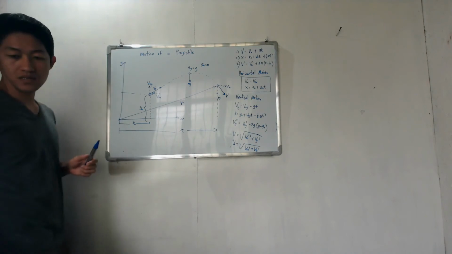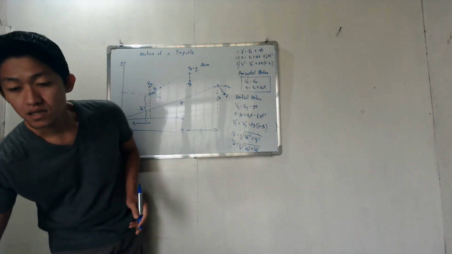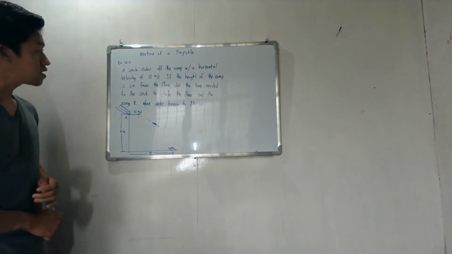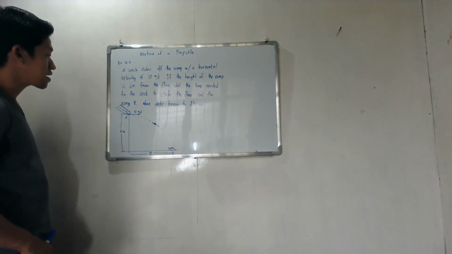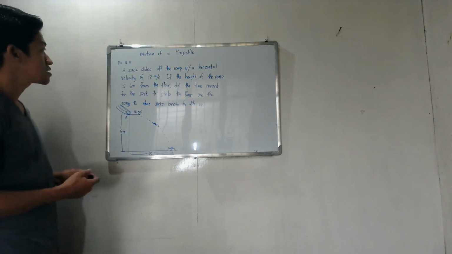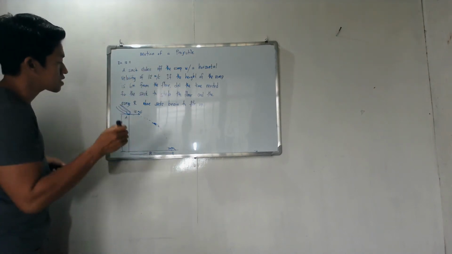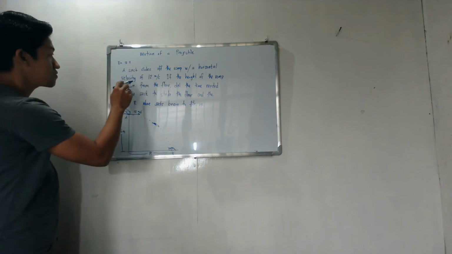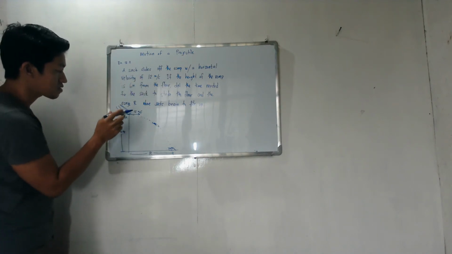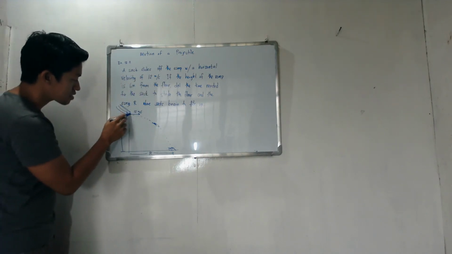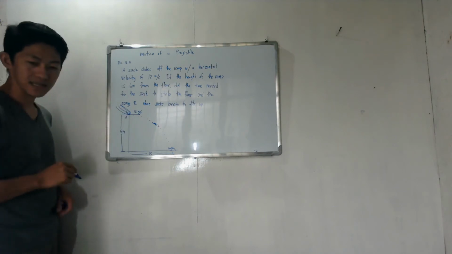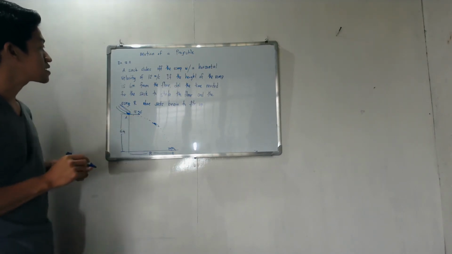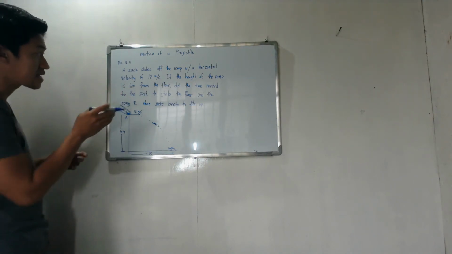Let's apply this in an example. You have a sack that slides off the ramp with a horizontal velocity of 12 meters per second. Initial velocity is 12 meters per second horizontally.